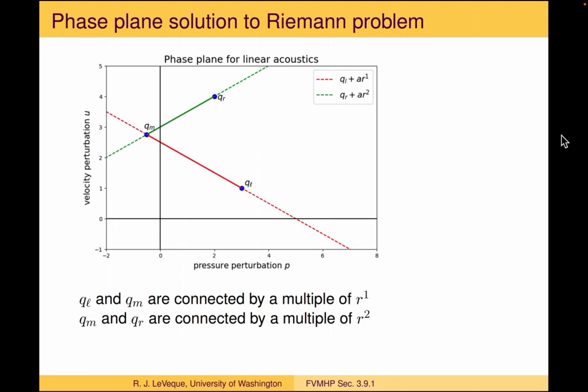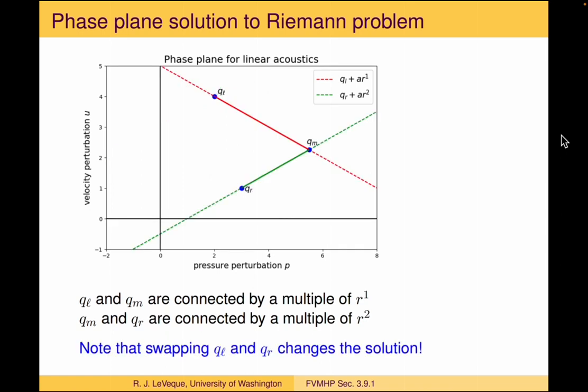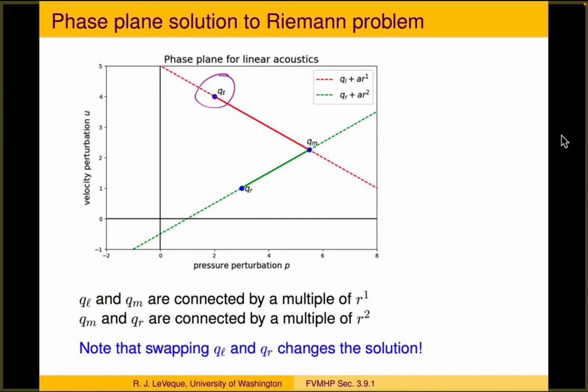And so if we took exactly the same two states that I call QR and QM, these two points in phase space, but interchanged them and looked at QL as being up here and QR down here, then again we would have to go from QL along some multiple of R1 to get to QM, and then from QM along some multiple of R2 to get to QR.